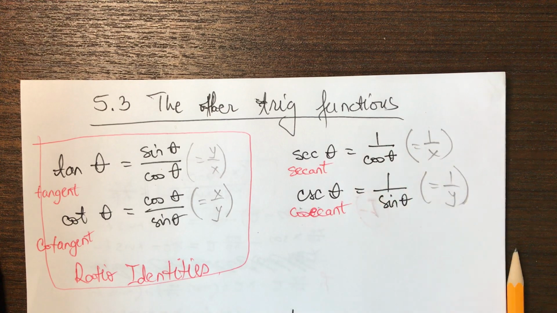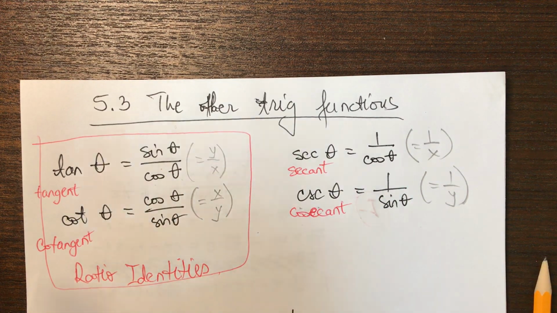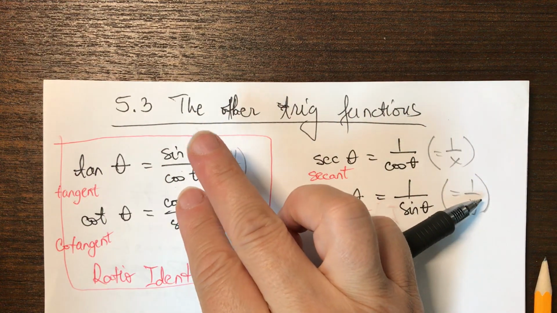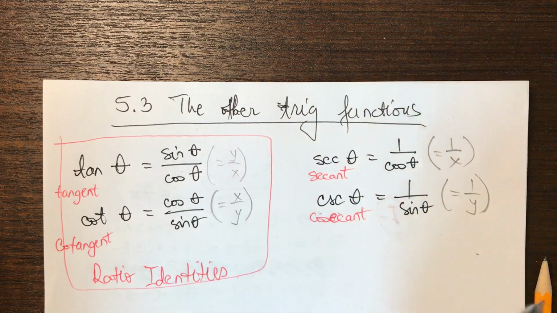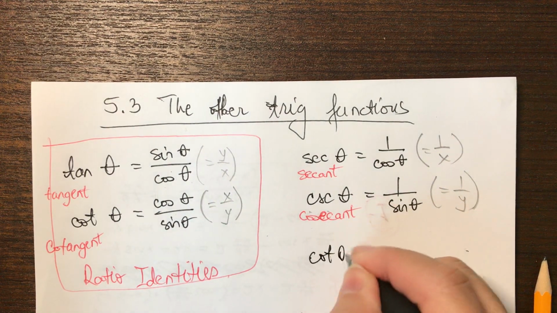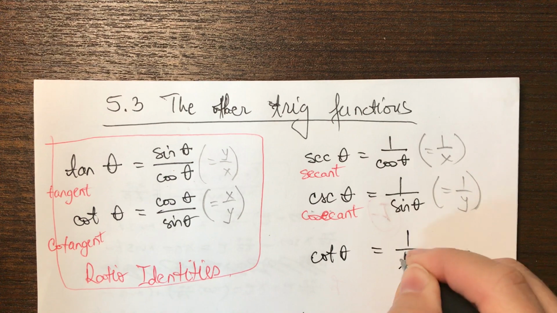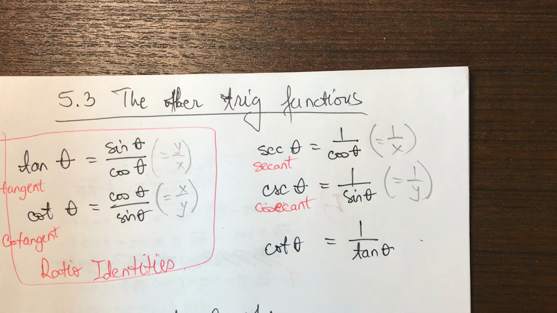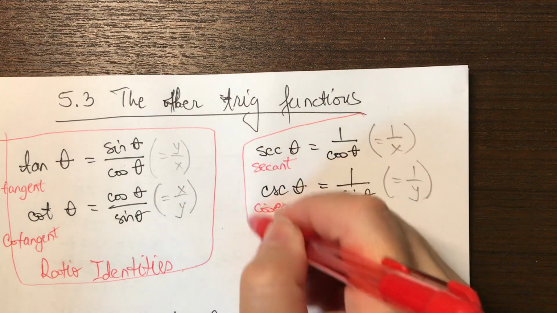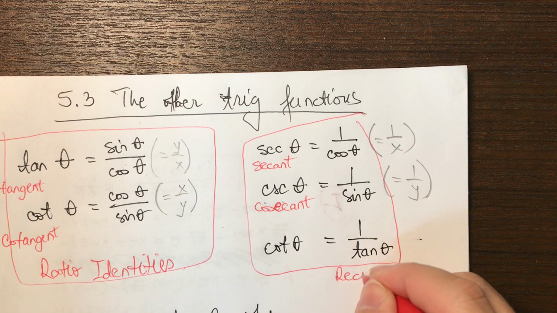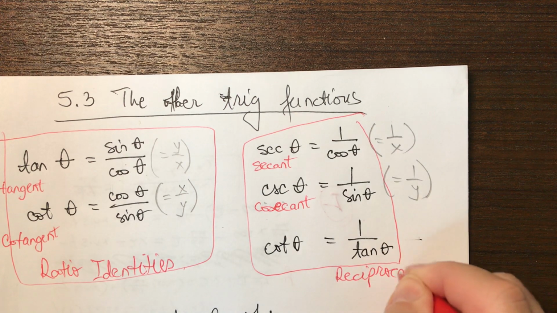These are reciprocal, but before we even finish that, there's one more reciprocal identity. As you see from here, tangent is sine over cosine, but cotangent's cosine over sine. So clearly cotangent is the reciprocal of tangent. So these 3 formulas here form what we call the reciprocal identities.